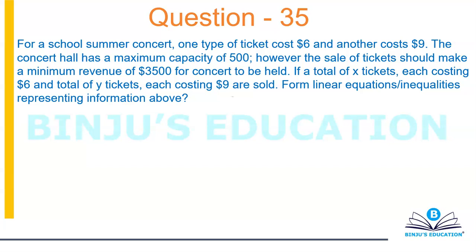For a school summer concert, one type of ticket costs $6. Okay, so the first type is gonna cost $6, and another costs $9. So second type would cost $9. The hall has a maximum capacity of 500.